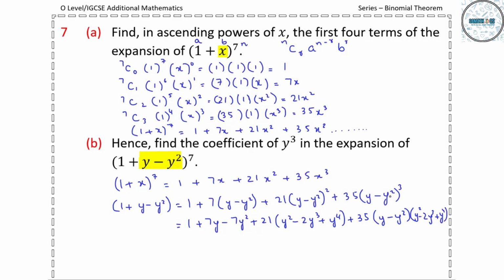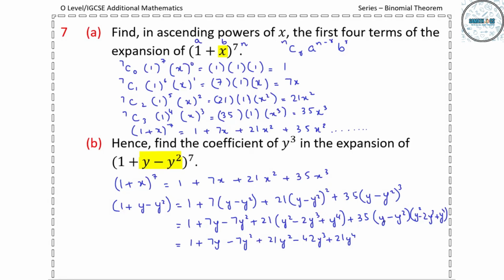As it is y minus y square, so we can write it as y minus y square multiplied by y square minus 2y cube plus y4, which is the result of y minus y square whole square. Finally, we will have 1 plus 7y minus 7y square plus 21y square minus 42y cube plus 21y power 4. And then we have to multiply 35 by the expansion of this.